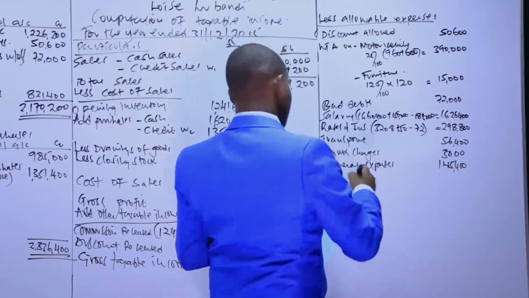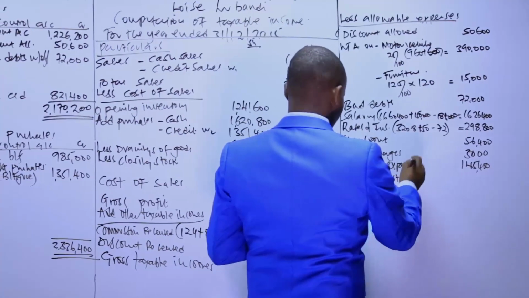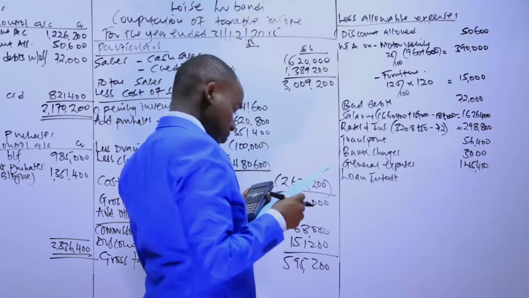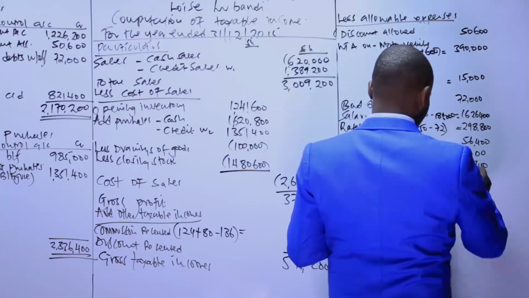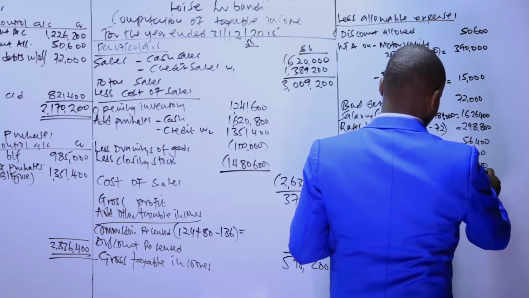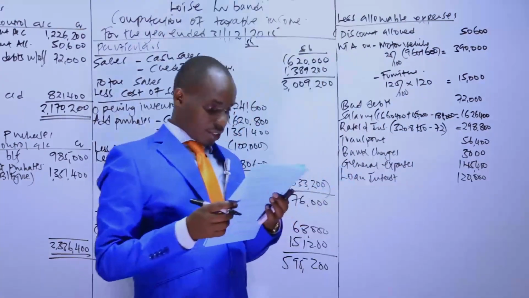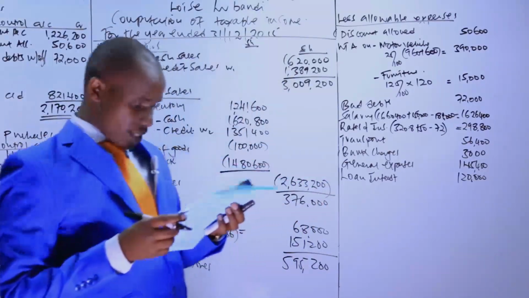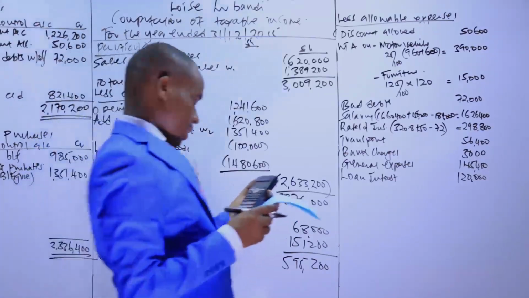Loan interest is also allowable. For loan interest, we are not given the amount of the loan, so this means it is equal to the actual interest that is supposed to be paid, 120,000. And the discount allowed I captured, so that is it for the expenses.